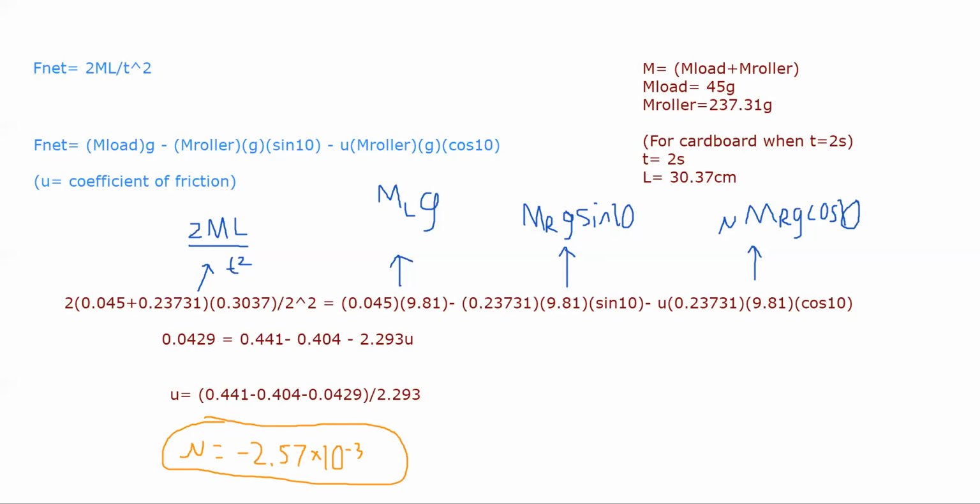It's supposed to be positive, because if it's negative, then the ball is supposed to move this way, going downwards instead of upwards. So there's something wrong with our experiment 4. I feel that we have to redo it again. Okay, so that's it.